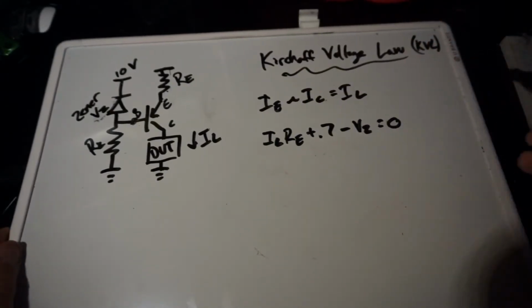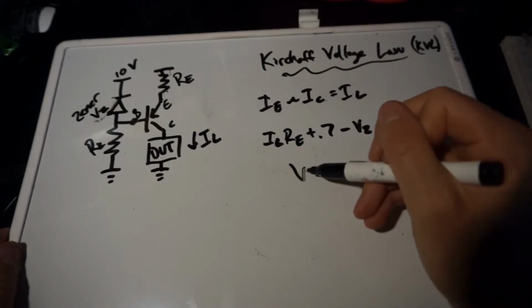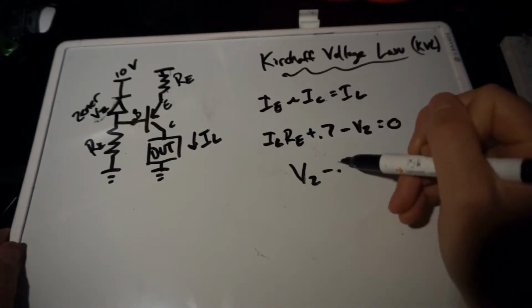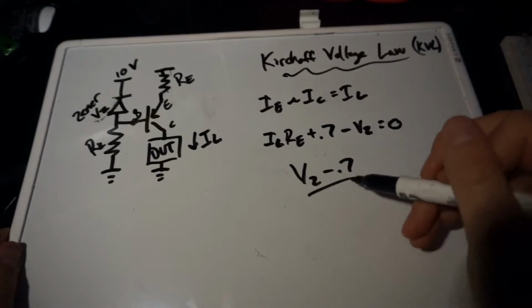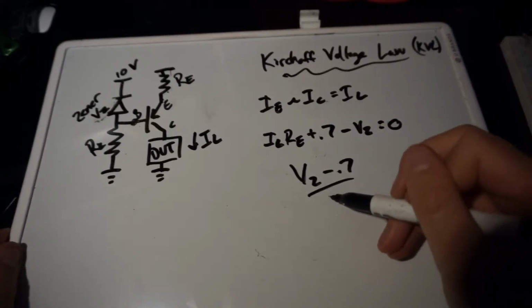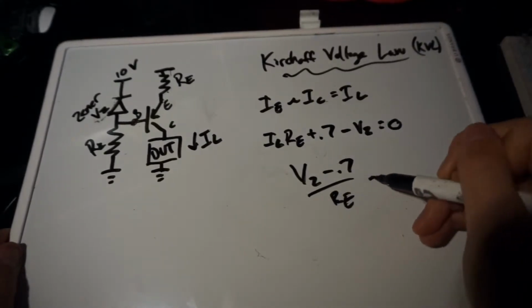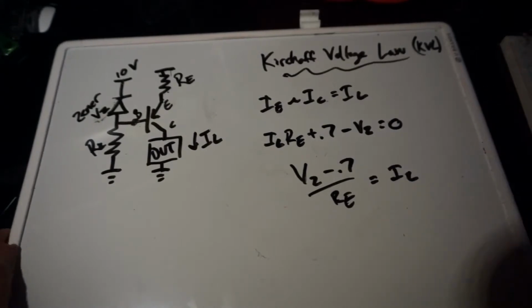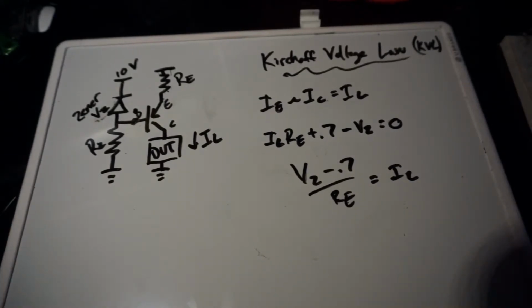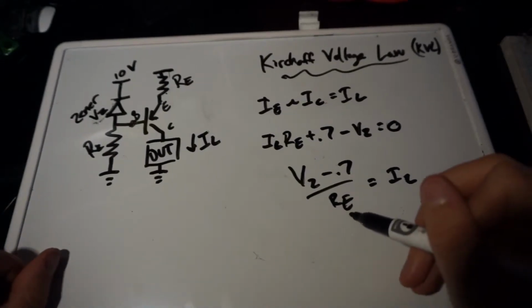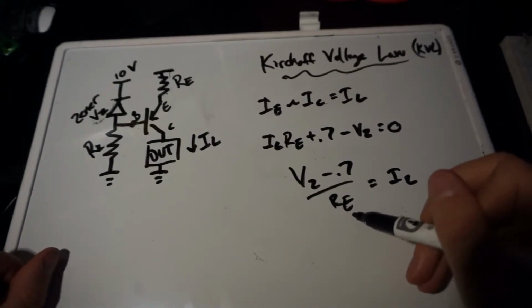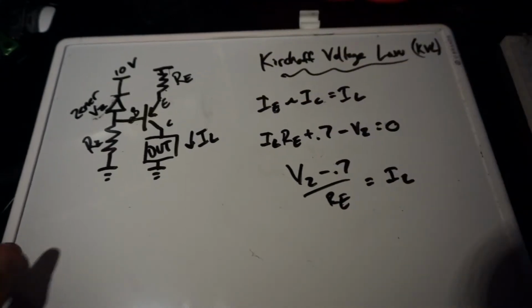And that should equal 0. So rearranging, we just have VZ minus 0.7 over RE equals IL. And so simply enough, the current through the load is set by the emitter resistor here and the Zener voltage.